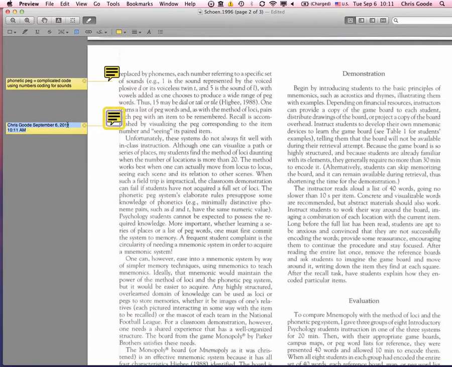So here they're saying that instead of thinking of a path, you have a whole other list of words that you have to memorize and match each one to another list of words you're supposed to remember. So match new words to words to be remembered.